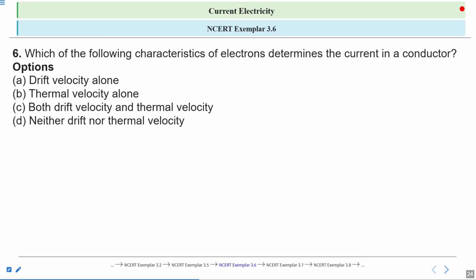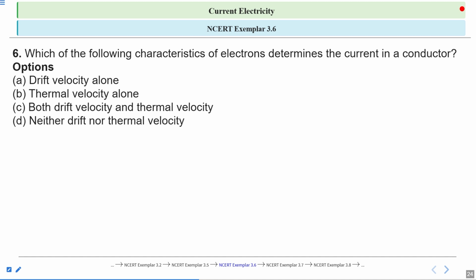So next question, NCERT Exemplar 3.6. Which of the following characteristics of the electrons determine the current in a conductor? Options: drift velocity alone, thermal velocity alone, both drift velocity and thermal velocity, neither drift nor thermal velocity.